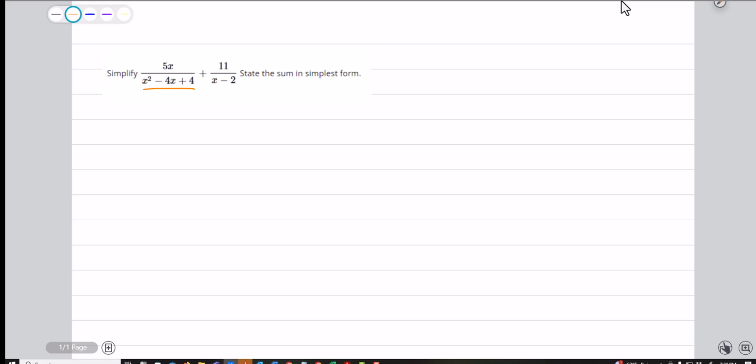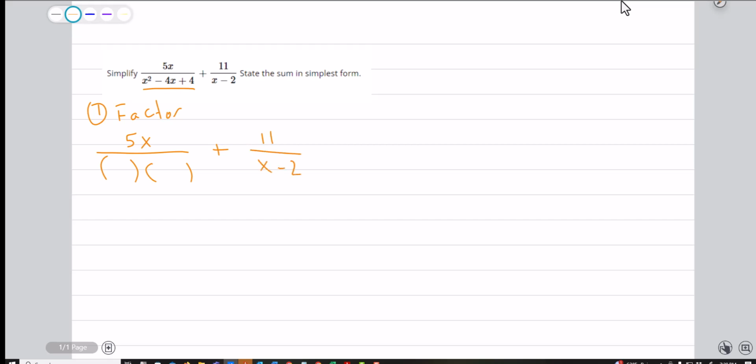So the first thing I'm going to do is look for anything that I can factor. And I definitely can factor this, so I'm going to write it right here, 5x over, and figure out how I'm going to factor that, and not do anything with this piece yet.